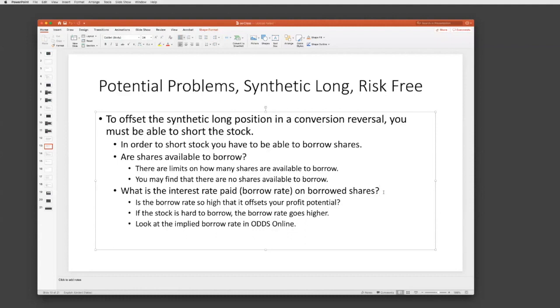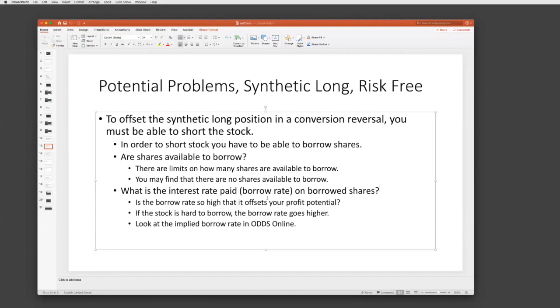And if those shares are in such demand to short, then the borrow rate goes through the roof. It goes really high, and the cost to borrow those shares goes up substantially. It can go up to the point where it offsets the profit potential if you're right and the stock goes down.